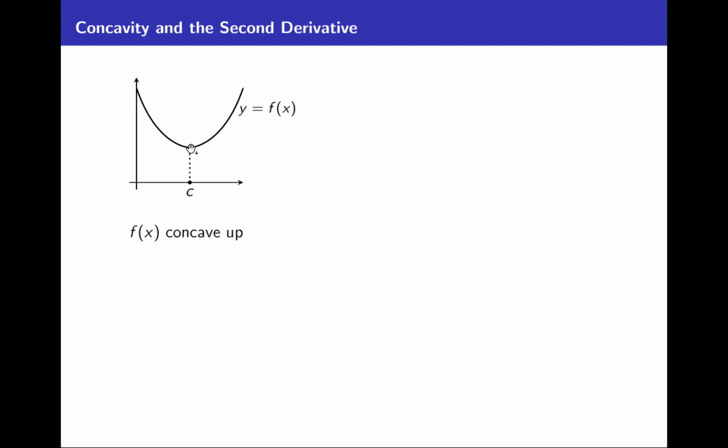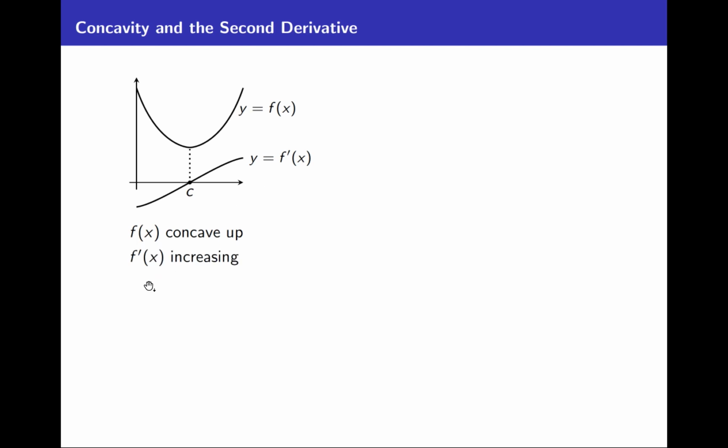Right there, the slope has turned into 0, and suddenly the slopes are positive, getting steeper and steeper. So f prime of x, which gives the tangent slopes, starts out negative, and right there at c, it turns positive and gets bigger. The graph of f prime of x looks something like this.